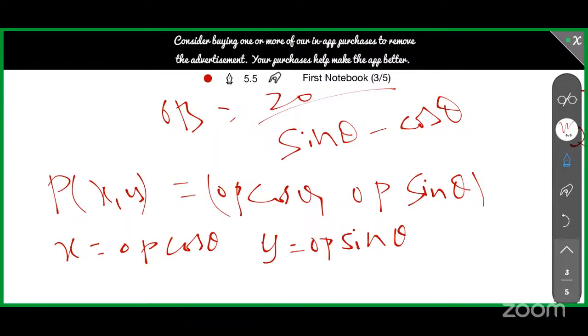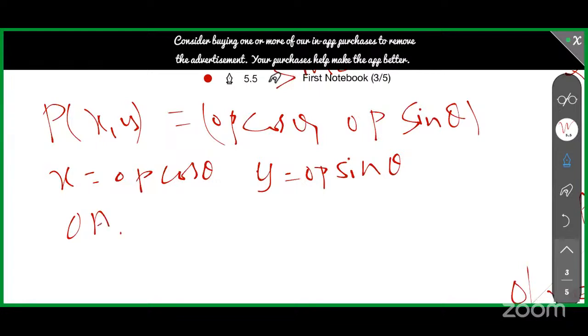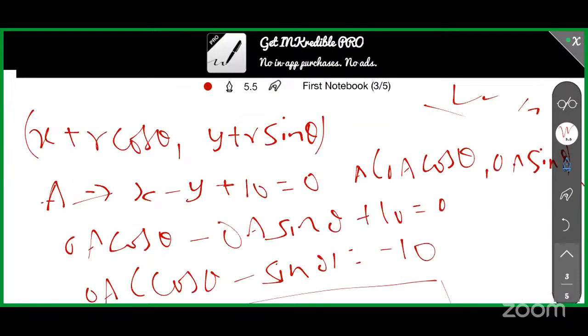What is the specialty of HP, or what is the criteria for HP? The given condition is that OA, OP, and OB are in harmonic progression, so 1 by OA, 1 by OP, 1 by OB are in AP.